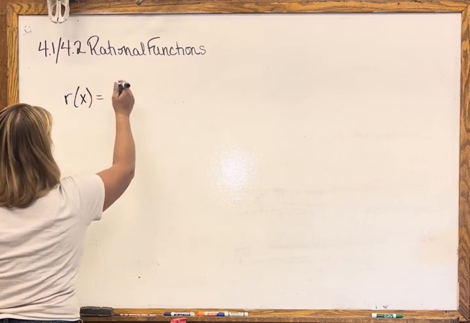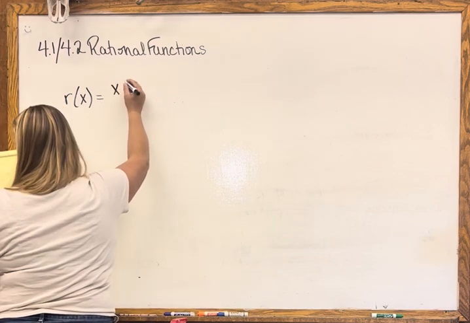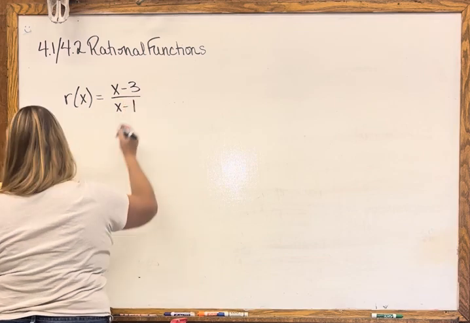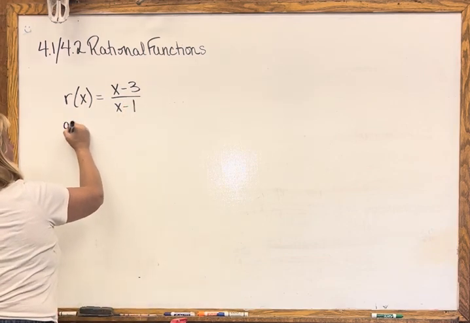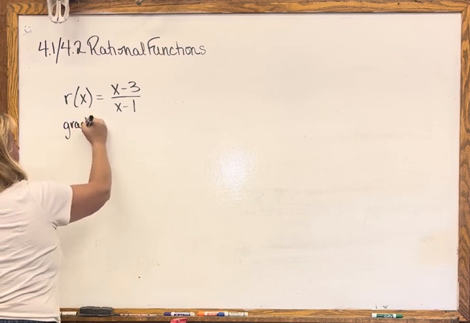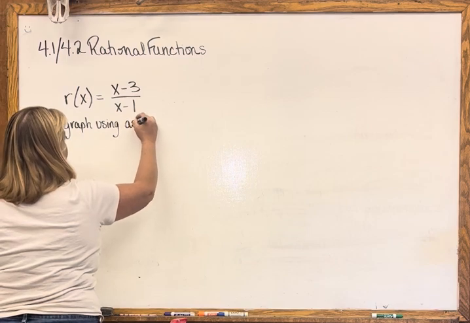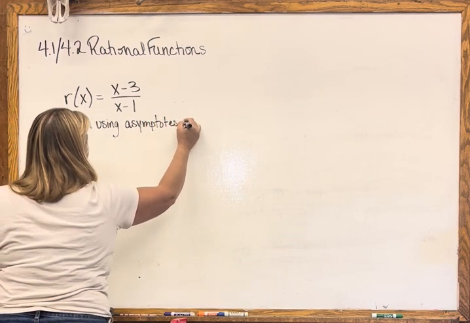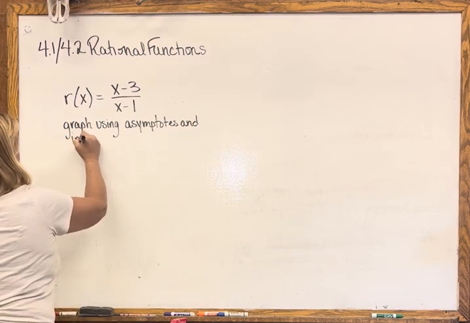So this one is r of x equals x minus 3 over x minus 1. And this is going to say graph using asymptotes and intercepts.